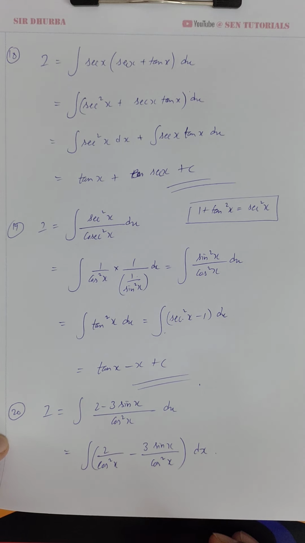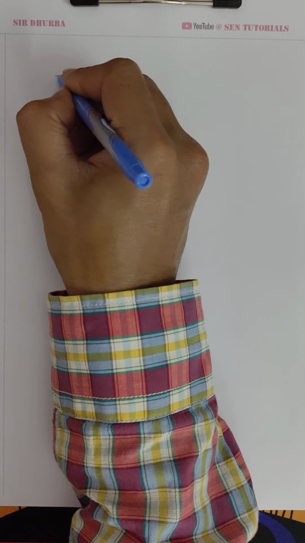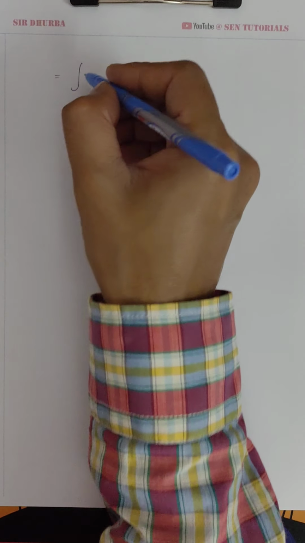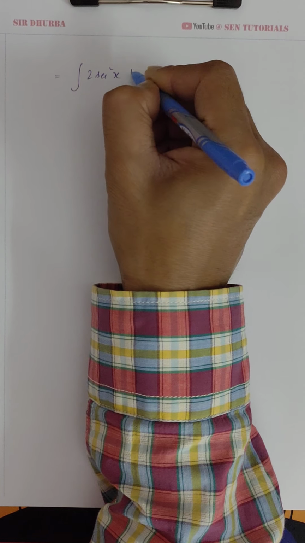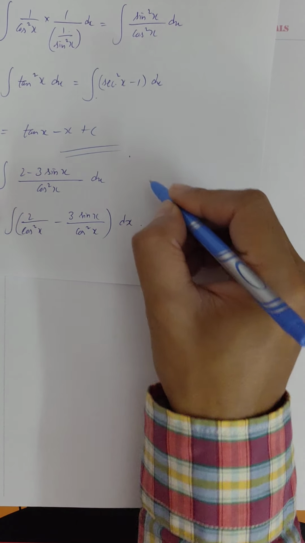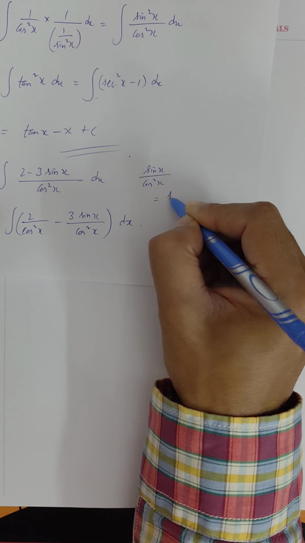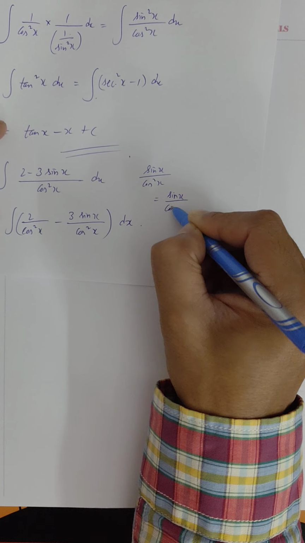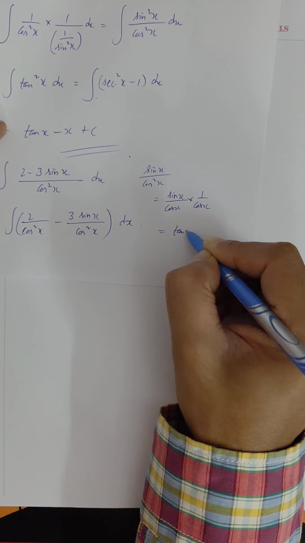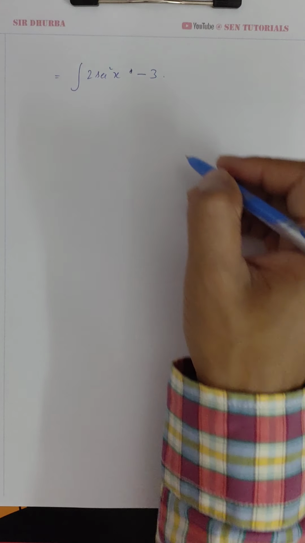So that will be now like what is 2 by cos square x? 1 by cos square x is sec square x, minus 3. This one, sin x by cos square x, I can write it as sin x by cos x into 1 by cos x. So that would be tan x into sec x.